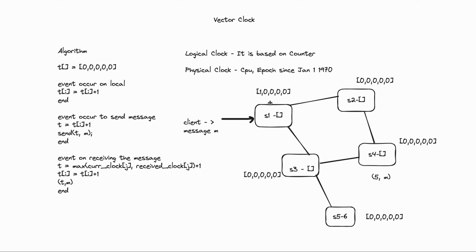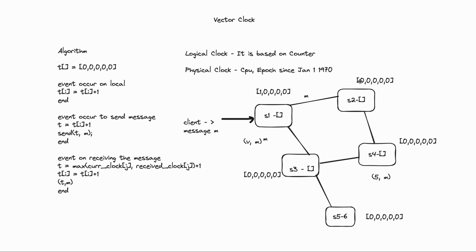Then again it sends the message here. Also it persists those messages with the vector and message. The vector clock is a counter array, an array of counters.